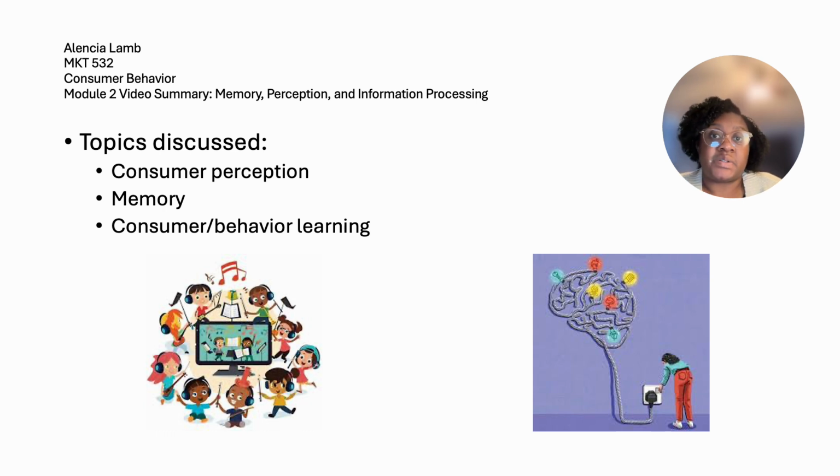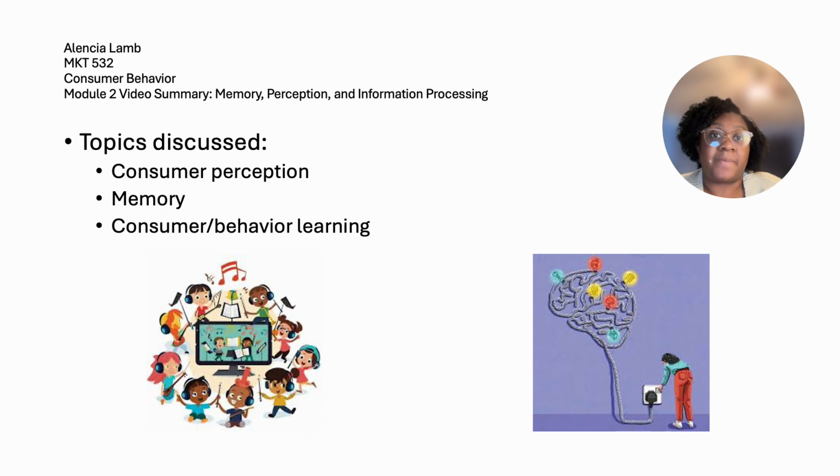Interpretation leads to consumers understanding the stimuli. And memory leads to consumers storing the information for future use. Some factors influencing perception are individuals themselves, society and culture, situational factors, the stimulus, and perceptual biases.